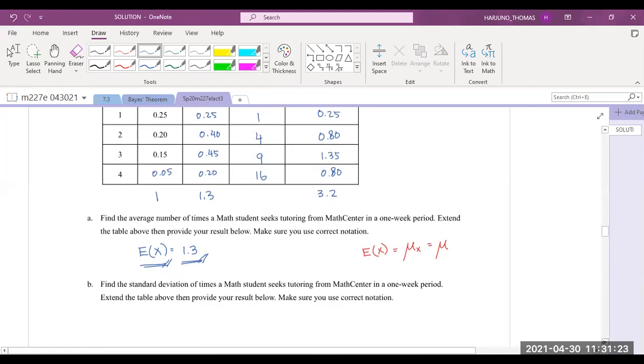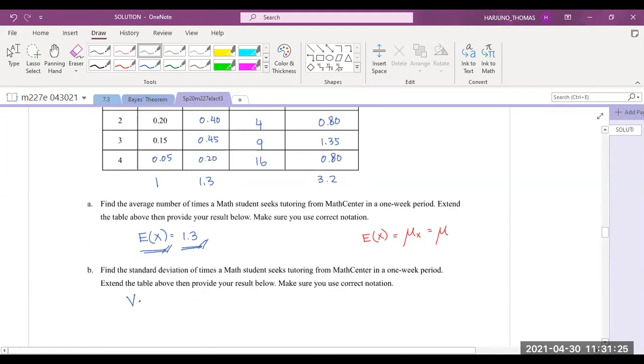So the variance will be the variance of that random variable x. You can also write sigma squared x. You can also simply write sigma squared is 3.2 minus the average squared. Okay. You know what? Let me write it. I don't want you to think that you need to write all 3 of them.